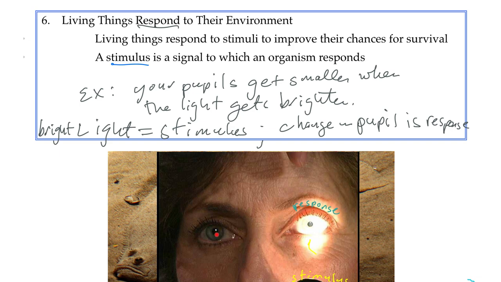It's nice and big when it's dark, but if you flash a light on her eye, it shrinks because the muscles in her eye are reacting to that sudden flash of light. The stimulus, okay? The stimulus is the thing you're reacting to. That's the light.